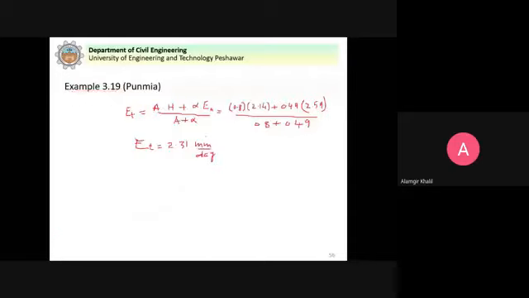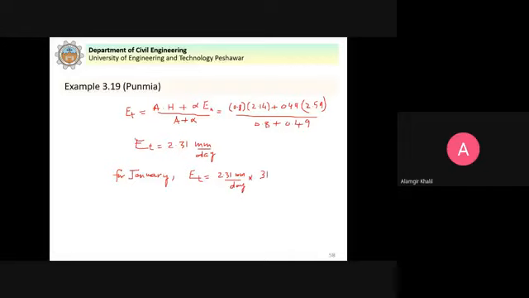So for January, we have this ET that is equal to 2.31 millimeter per day, and we have 31 days in the month of January.